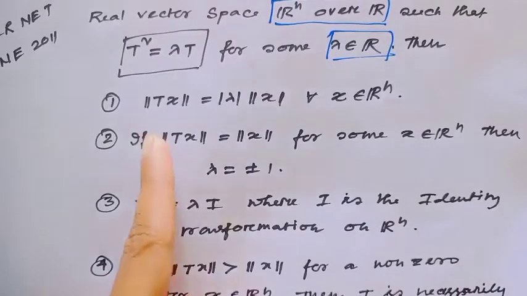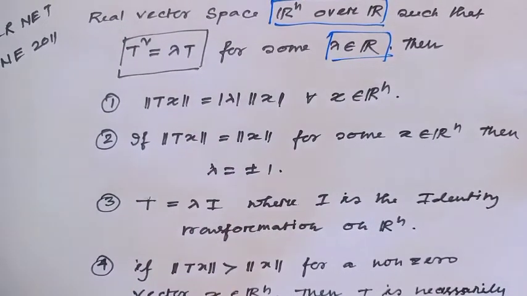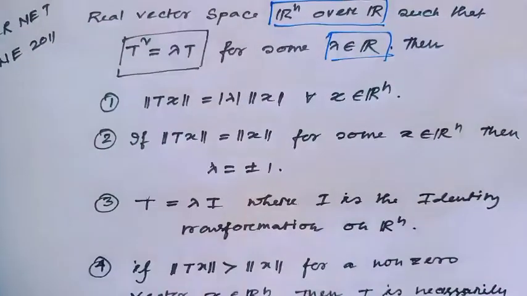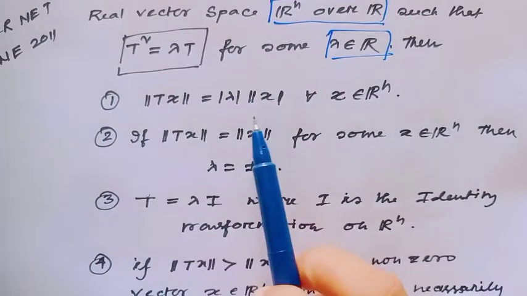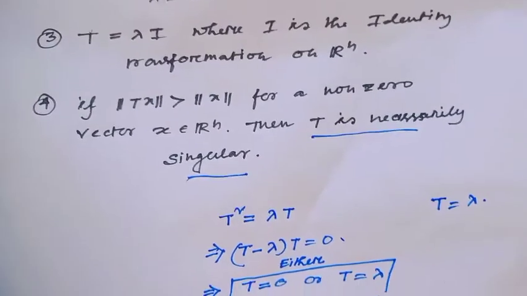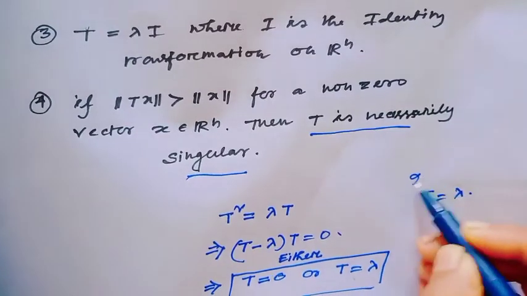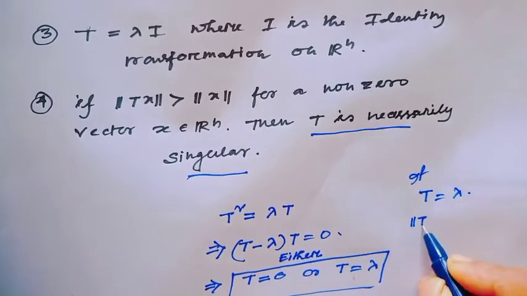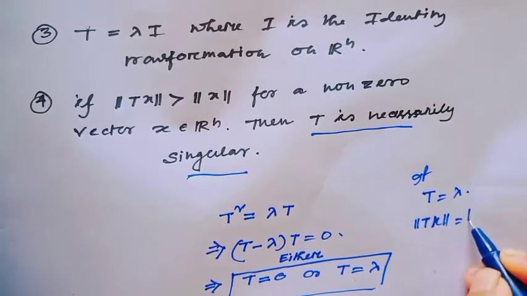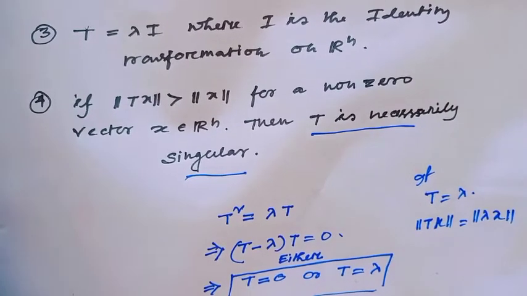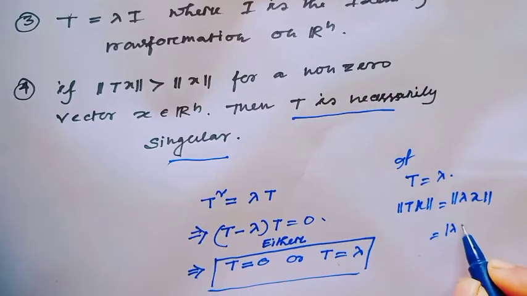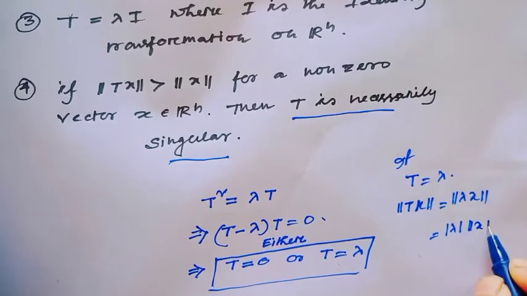If we consider T equal to lambda, since the question is about norm, then obviously norm Tx equal to norm lambda x, which is equal to absolute value of lambda times norm x.